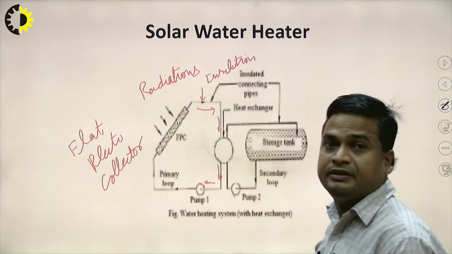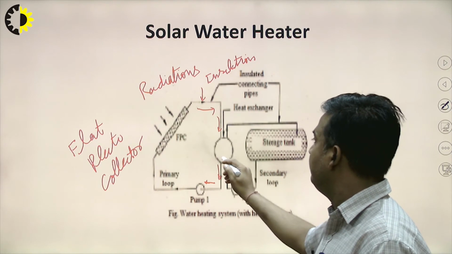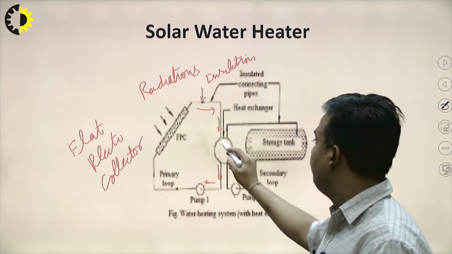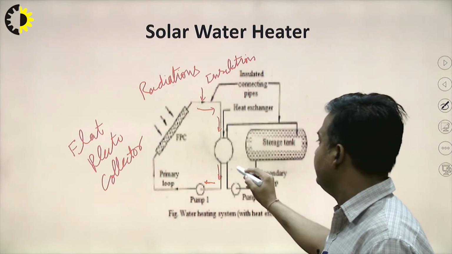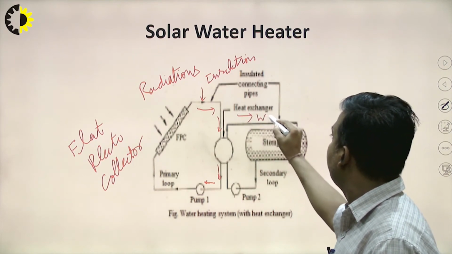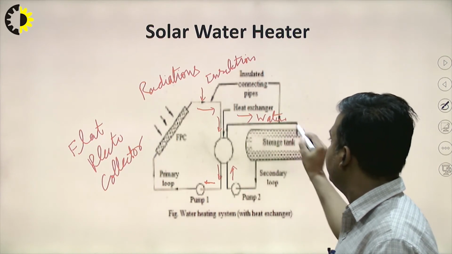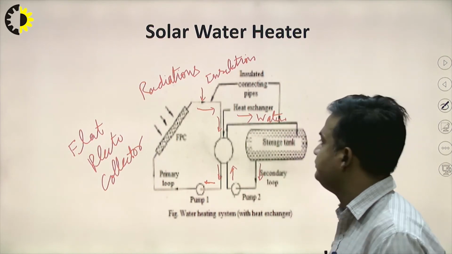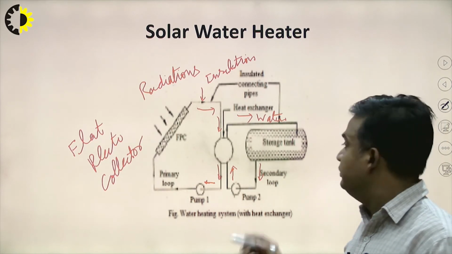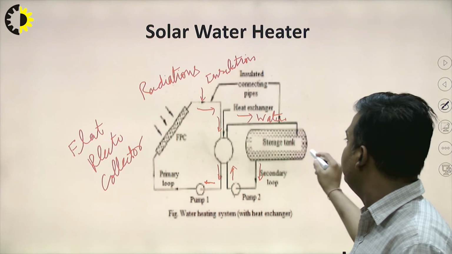This is the heat exchanger, and this heat exchanger takes the energy from the fluid flowing through this pipe, to the water here. So water is flowing in this direction. Okay, so water gets heated, and this water is flowing to this storage tank.